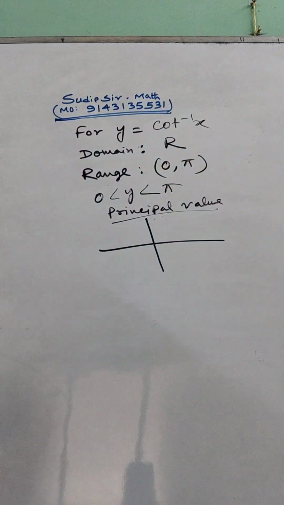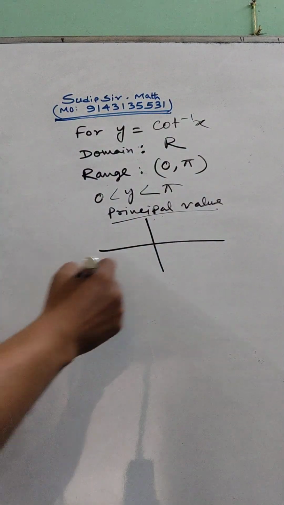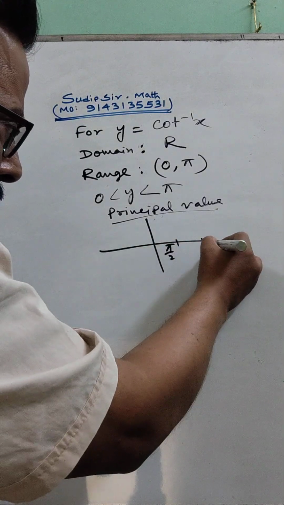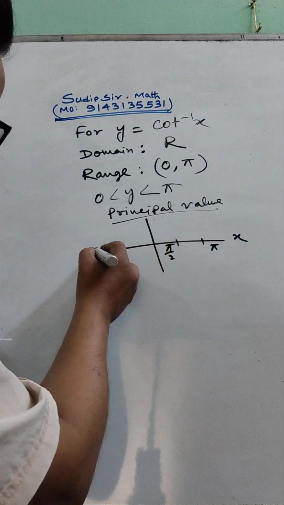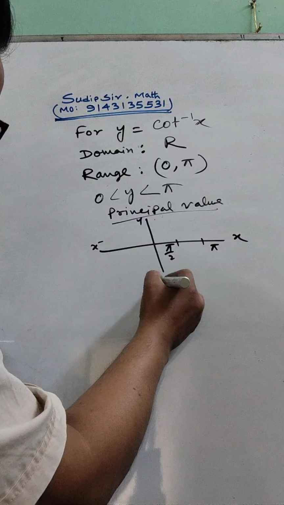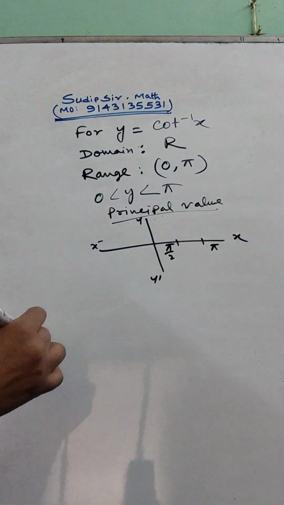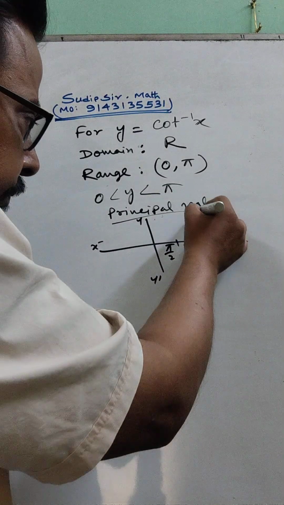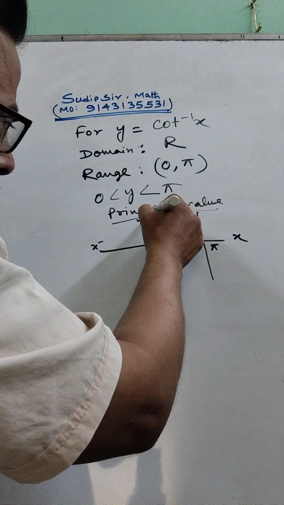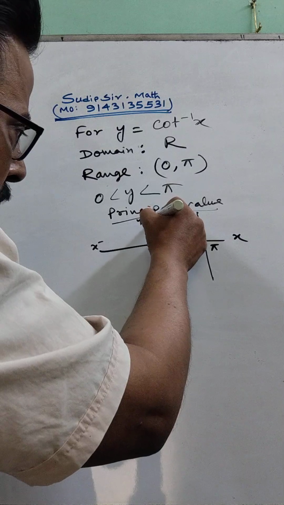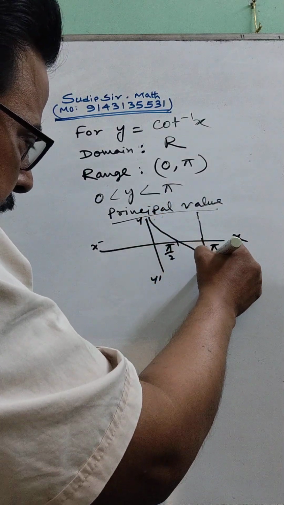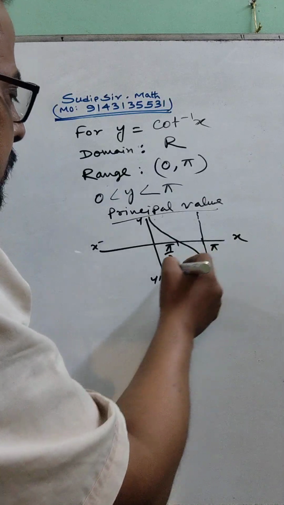What happened in the graph? In the graph, say this is pi by 2, this is pi, the x-axis, x dashed, this is y dashed, and say this is the line of pi. Now for cot x, it will be like this with asymptotes.